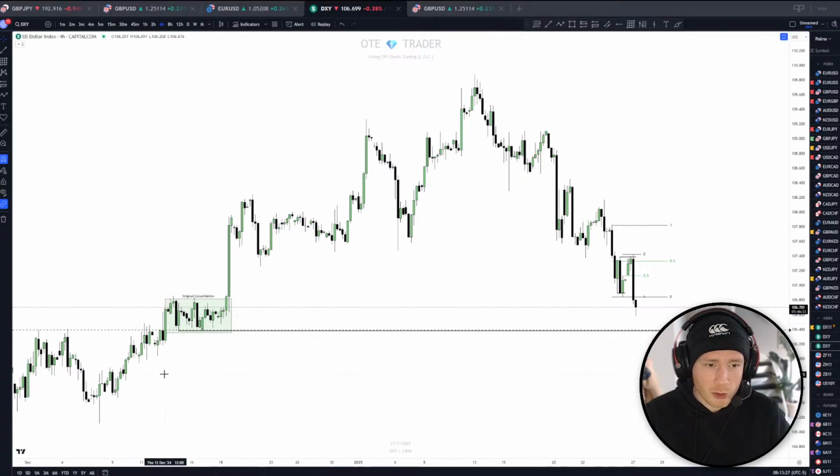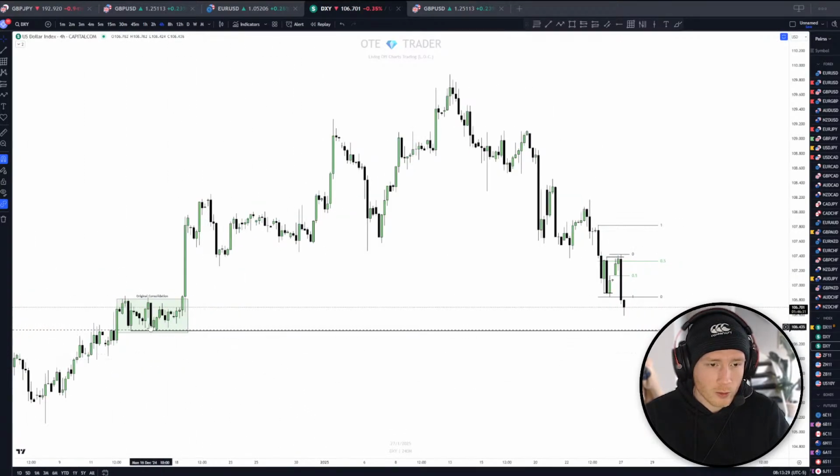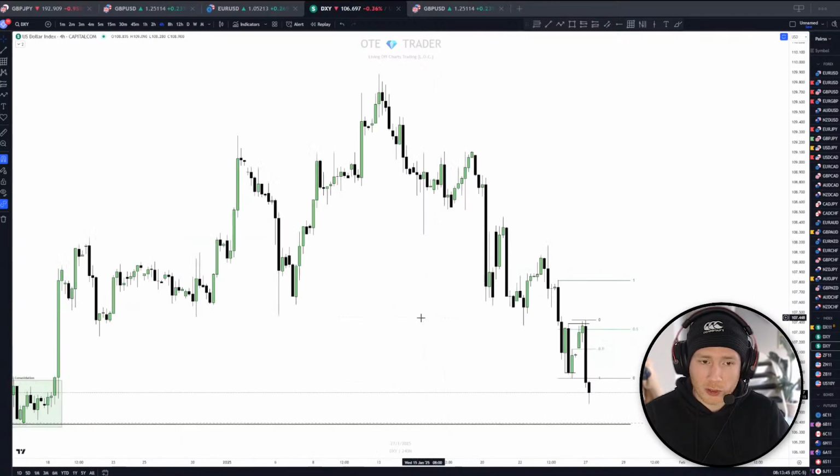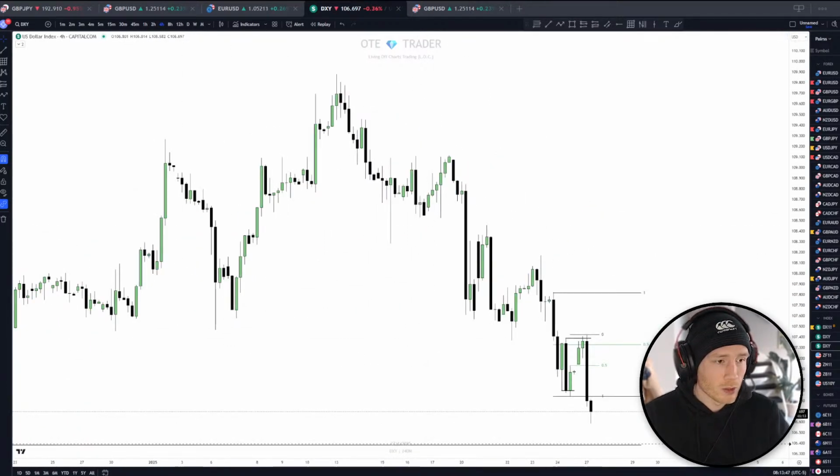Bullish OB. Where's the bullish OB? There's no bullish OB here. This is not a bullish OB. If you think this is the bullish OB, it's not. This is a low probability order block. This is not an order block. This is just a down close candle in a consolidation. And I explained what a high probability order block is in my previous video as well.